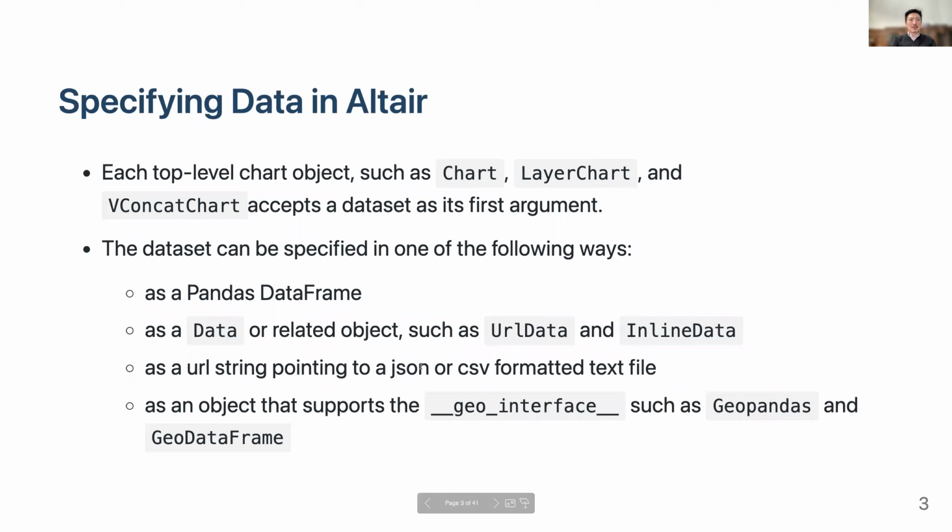Okay. And then this is something maybe a bit more unique, and at least I'm not aware it's available in other Python visualizations, and that is to support the geo interface. So this is coordinates related to the map, and particularly GeoPandas and GeoDataFrame. Usually this goes beyond just the longitude and latitude, which can be easily treated as X and Y axis.